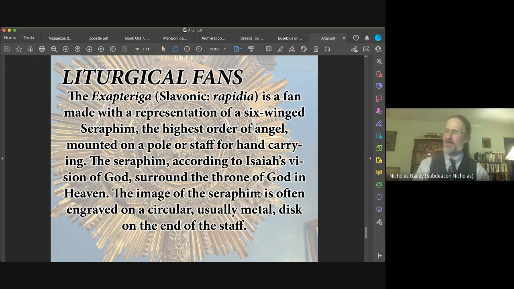You also find at the altar a processional cross. Like I said, you're not going to see it brought out except, as the name implies, when we go on a procession outside.